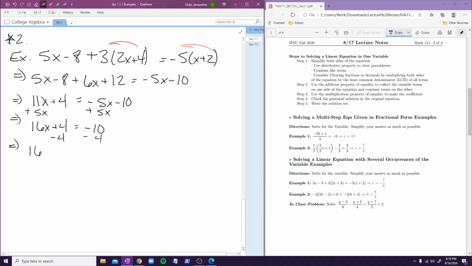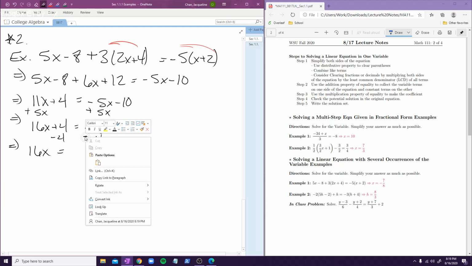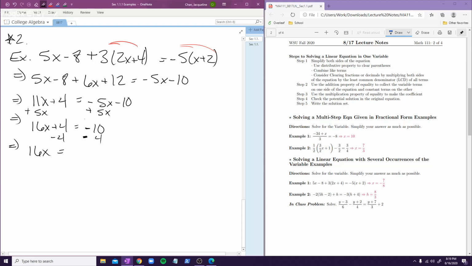So I have 16x, 4 minus 4, that's 0, so that's good. And then negative 10 minus 4. So when you see that these both have the same sign, what does that mean? You can just add them. So negative 10 minus 4 is also the same as negative 10 plus a negative 4. So it's negative 14.